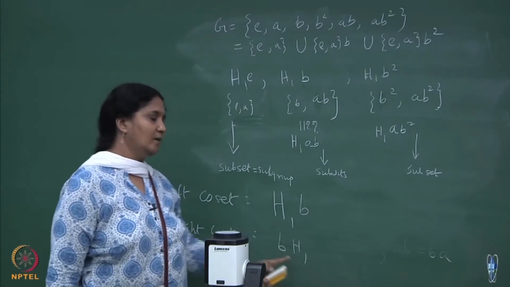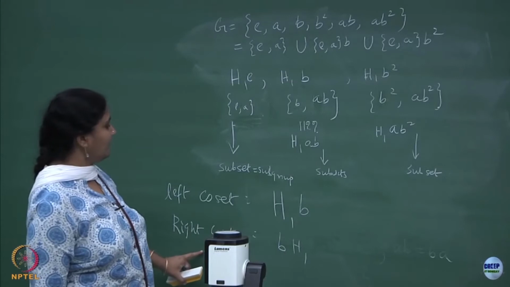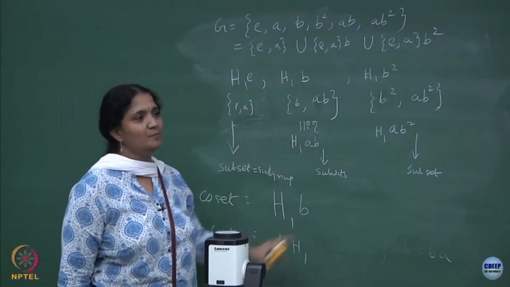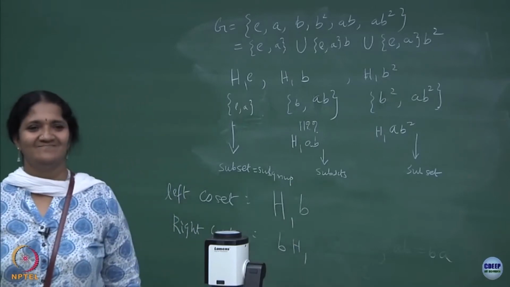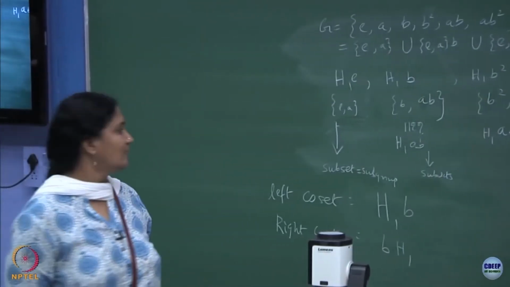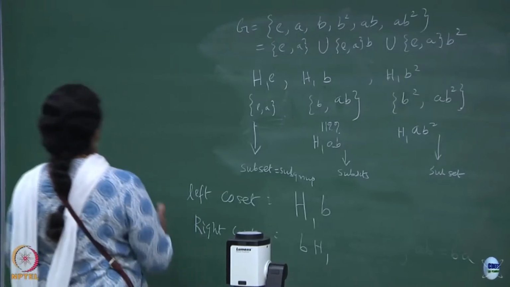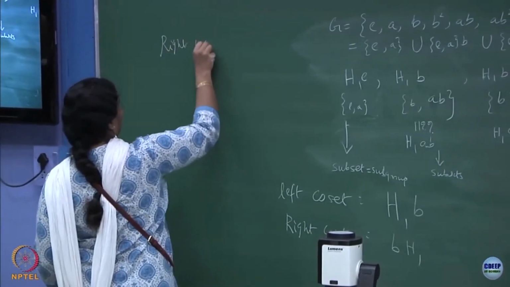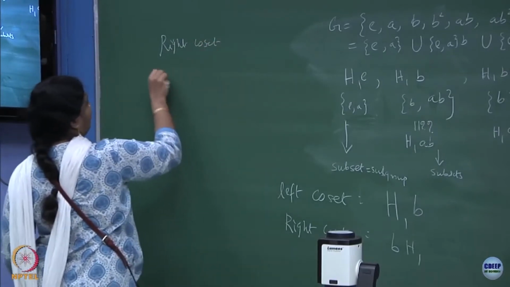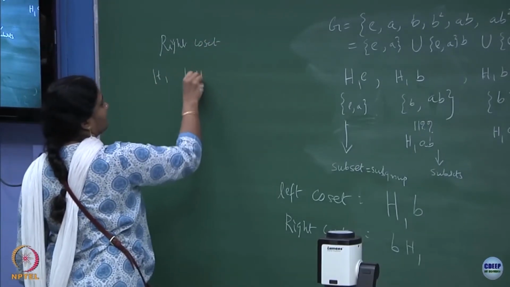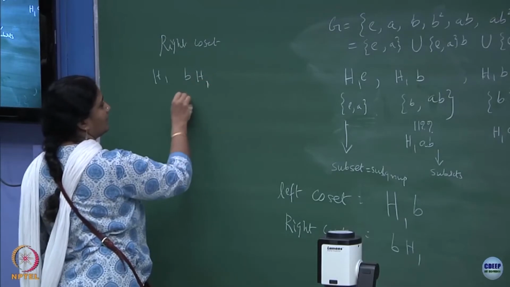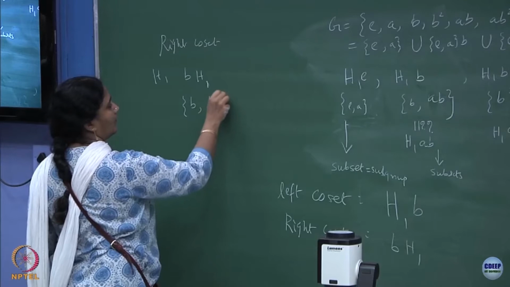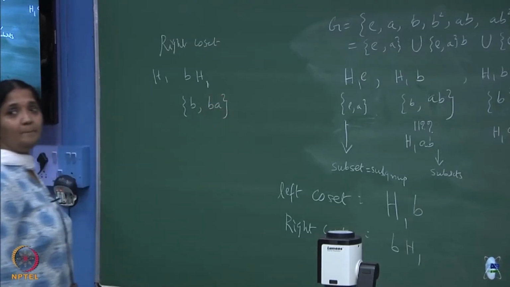Okay. So, suppose I try to generate B times H1, will it be same as H1 times B? Yes or no? Can we check? Let us do right coset. B times H1, what will that be? Is the same?